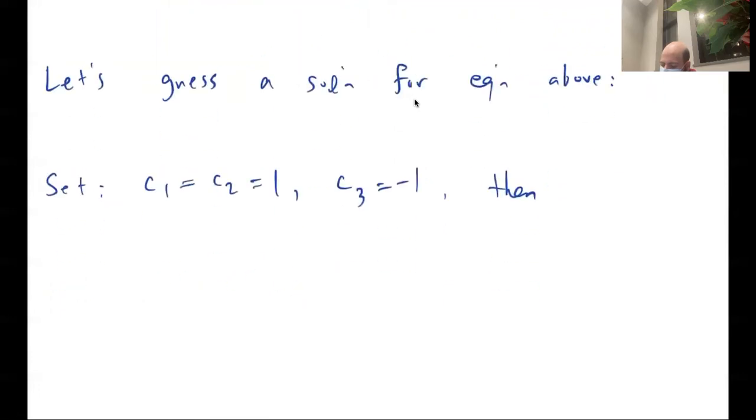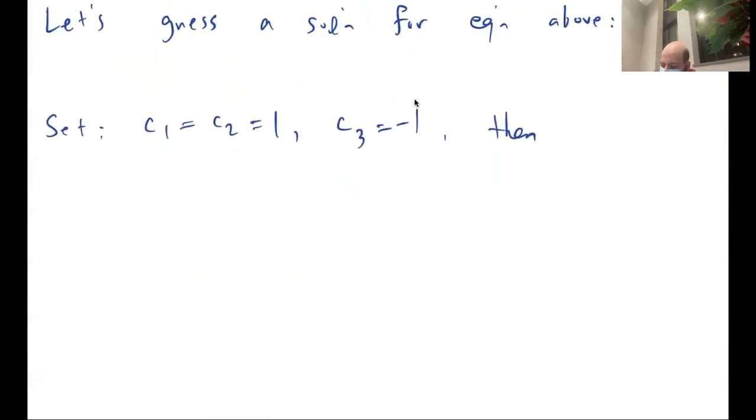Then we will have 1 times sine squared x plus 1 times cos squared x minus 1 times 1, and that is 0 for every x.